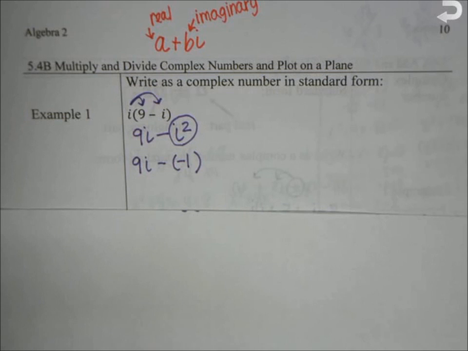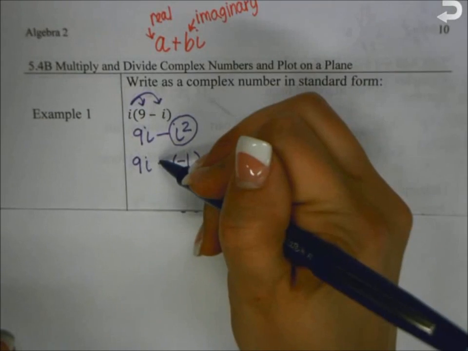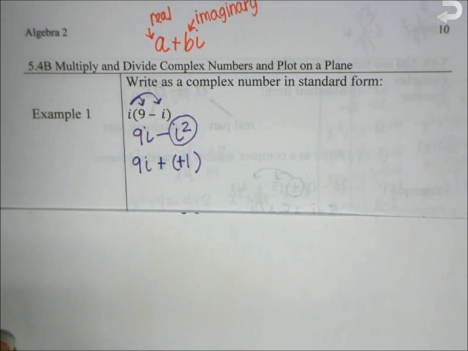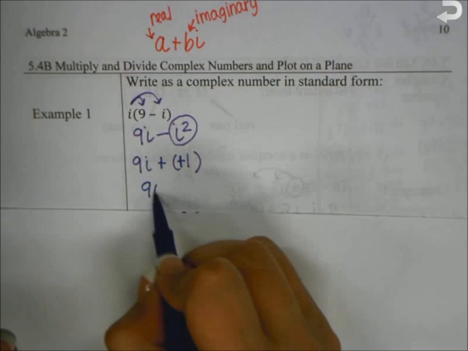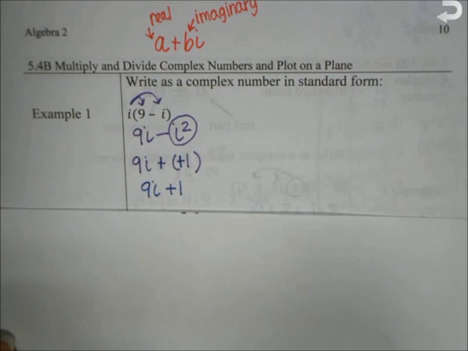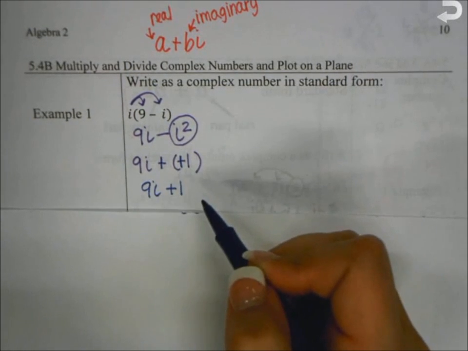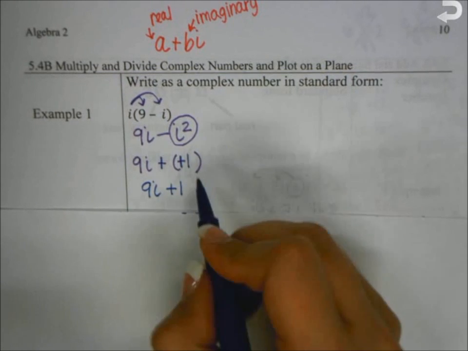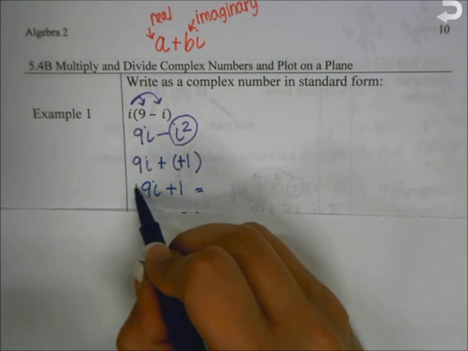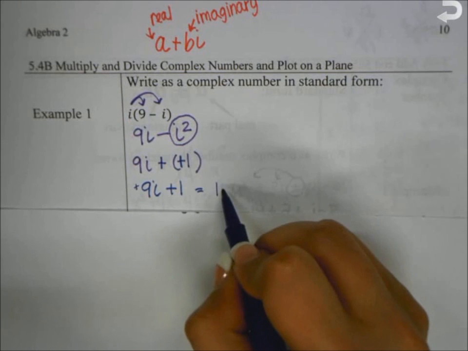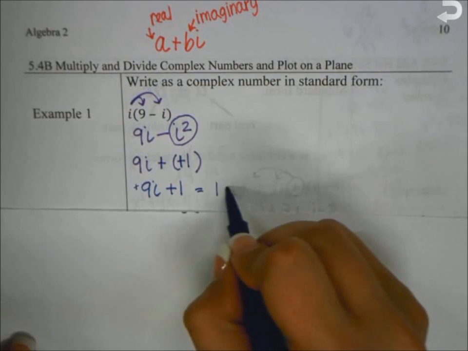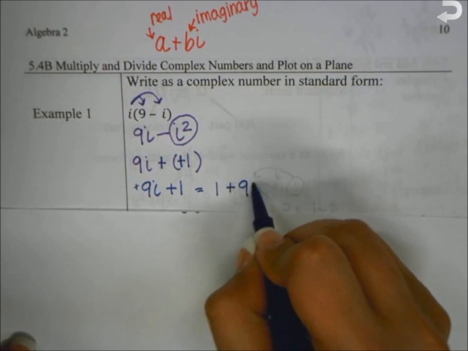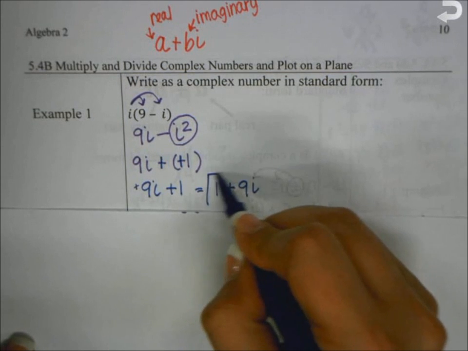Everything becomes positive. So I would get 9i plus 1, but is that in standard form? No, we want the i's at the back. So this 9i is a positive, so we can just rearrange the numbers to become 1 plus 9i. And that's my answer.